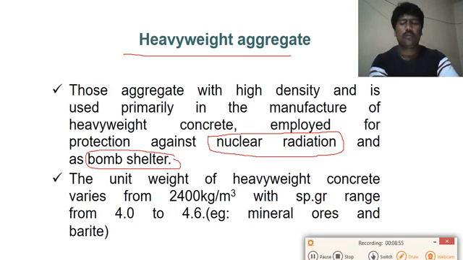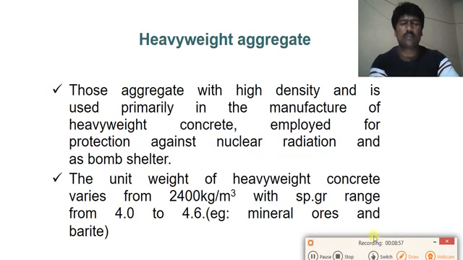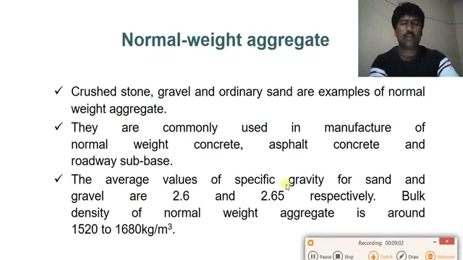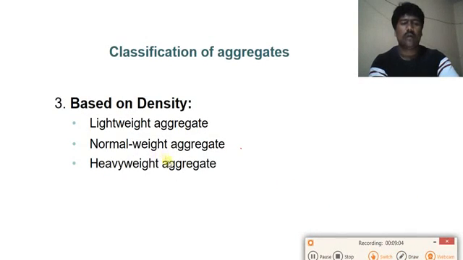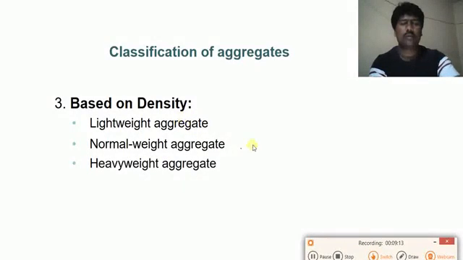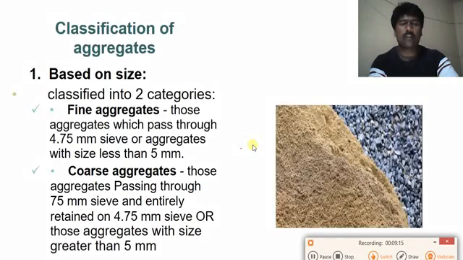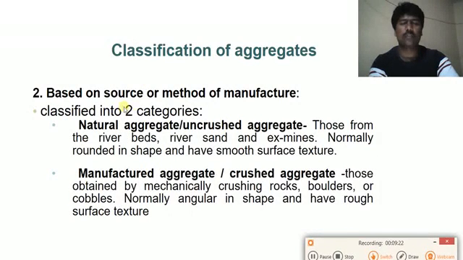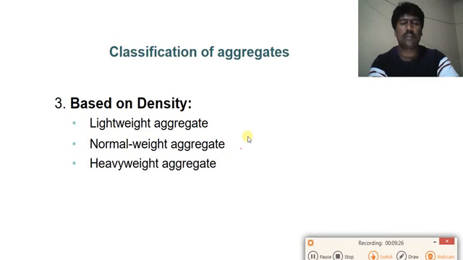So with these three types of aggregates, that are lightweight aggregate, normal weight aggregate and the heavyweight aggregate, that is completed. So with that, the basic classification of aggregates which I had mentioned before is completed, which are based on the size, the first one, based on the source and method of manufacturing, the second one, and the third one is mainly based on the density.